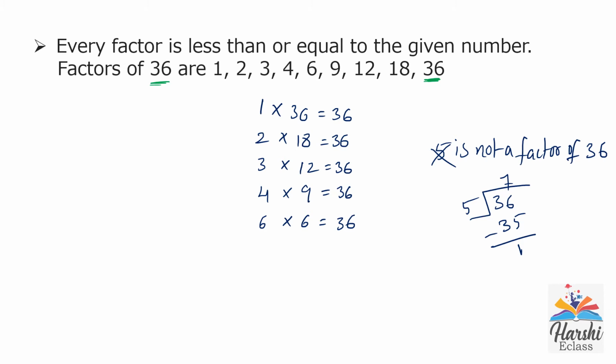In the table of 8, 8 fours are 32 and 8 fives are 40. So 8 is also not a factor of number 36.